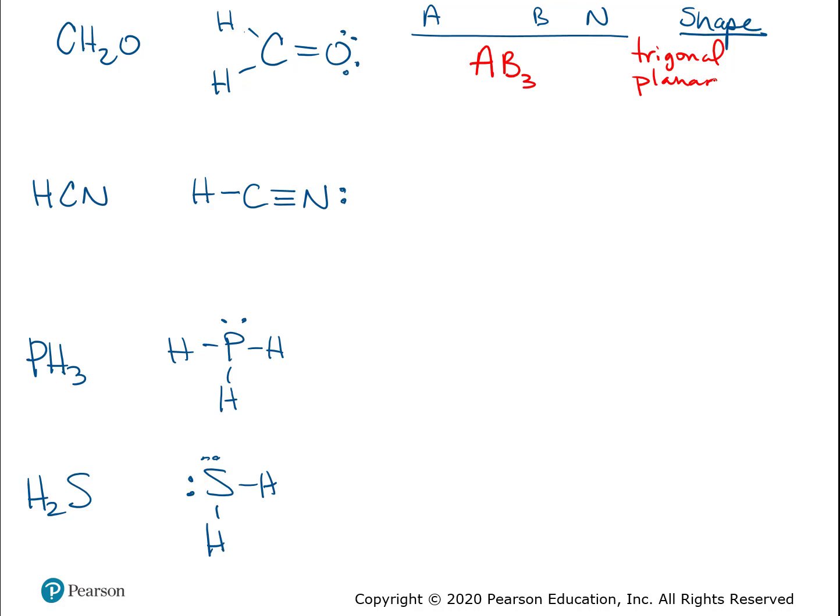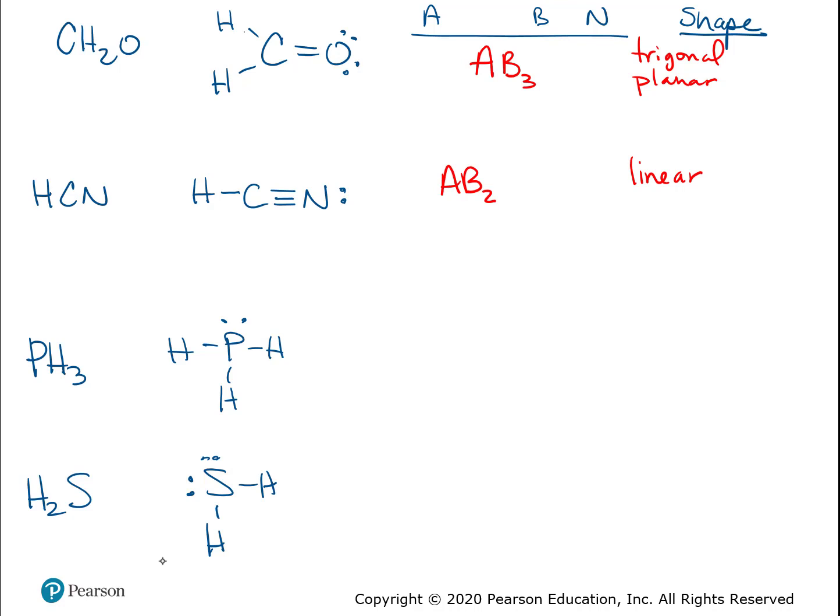Okay, what about the next one? This would be AB2. See how the carbon has 2 groups connected, okay? So it doesn't have to be a carbon with 2 double bonds. It could be a carbon with a double bond, a single bond and a triple bond. And this one is going to be what shape? Linear, because remember, I always think it looks like a straight line, so linear.